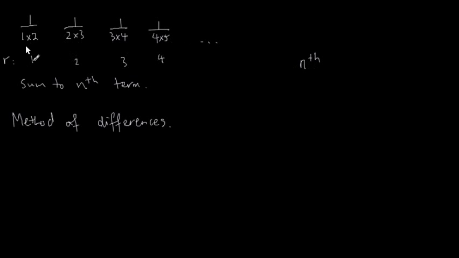If you look at these numbers 1, 2, 2, 3, 3, 4, 4, 5, so obviously there must be some kind of pattern here. If I look at the first number in the denominator, it is 1, and then it's 2, and then it's 3, and then it's 4, and so on. That's a simple pattern.